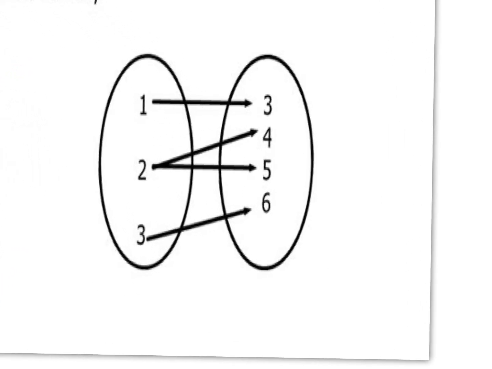Okay, so let's start our mapping. I'm going to use a different color here for the highlighter. So if I start with 1, I follow the arrow, I go to 3. So this is the ordered pair 1, 3. Okay, we have 2 going to 4.